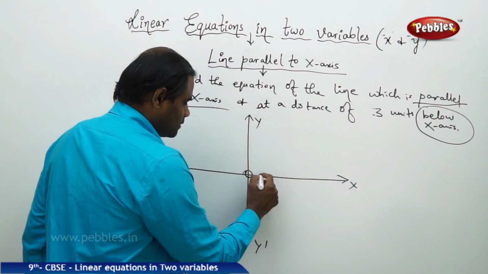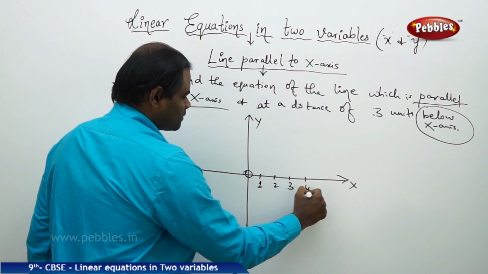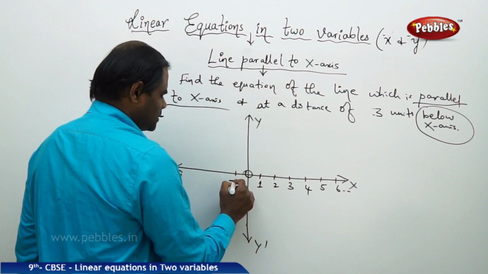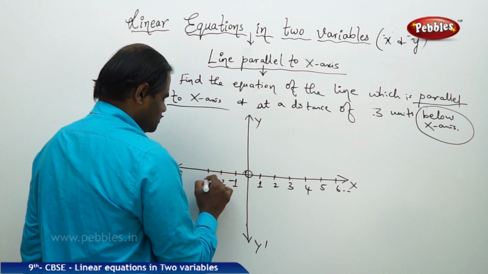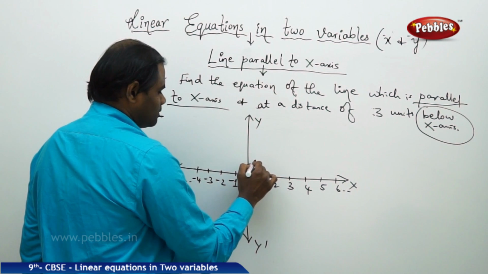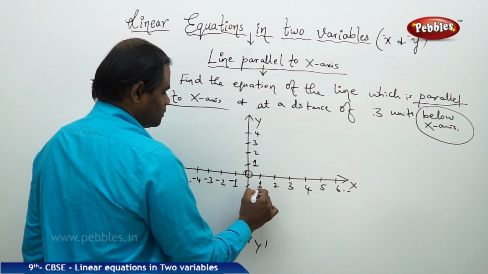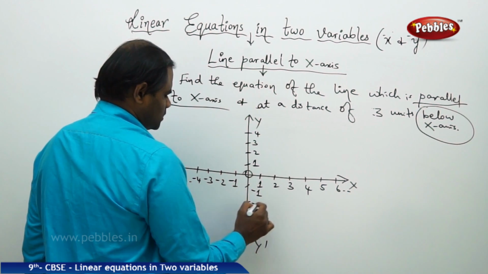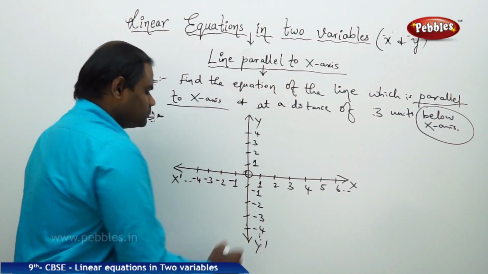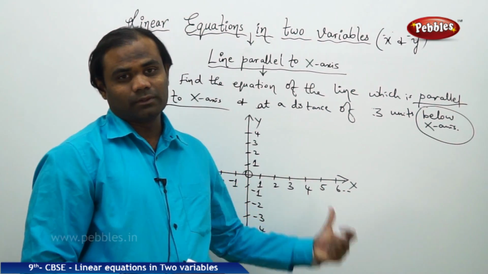So I take the scale 1, 2, 3, 4, 5 and 6, and then -1, -2, -4, and then 1, 2, 3, 4, -1, which is how we get the scale taken as 1 centimeter equal to 1 unit.